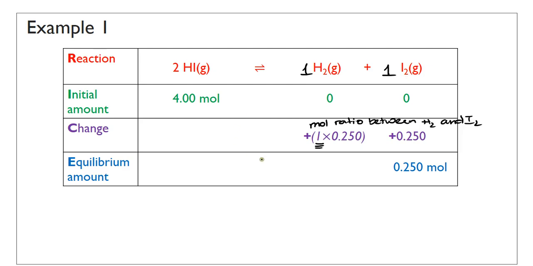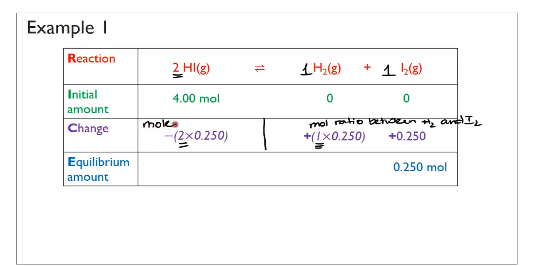And if each of these substances has gone up by 0.25 mole, it means that hydrogen iodide must have gone down by twice the amount because of the mole ratio. Also, if the products go up, the reactants have to go down. So the sign has to be the opposite of each other for it to make sense. You cannot have everything going up. Where does the extra stuff come from? So this has to be 2, again, because of the mole ratio.